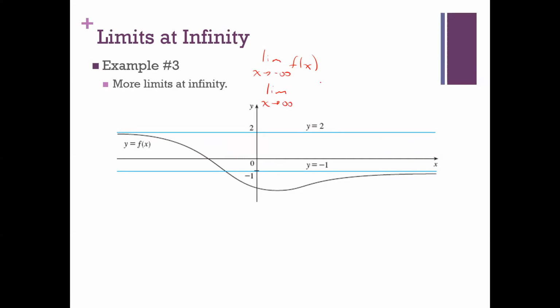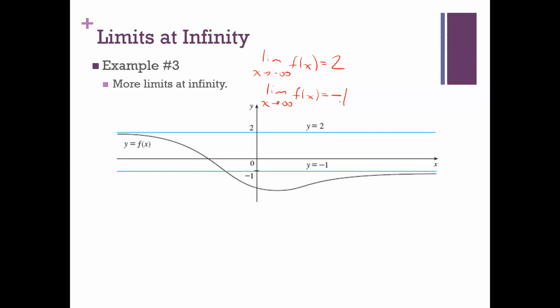What is the limit as x approaches negative infinity of f of x and positive infinity of f of x? How about when x gets really, really, really small? If I let x get as negative as I want, it's just going to approach 2, right? How about when x gets very, very large? -1.